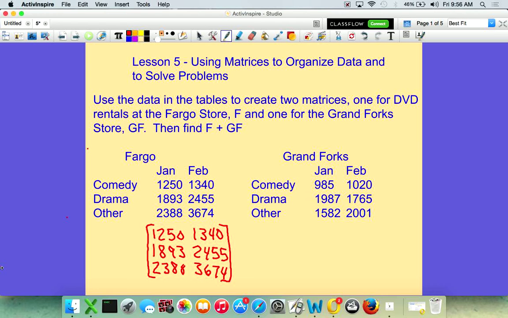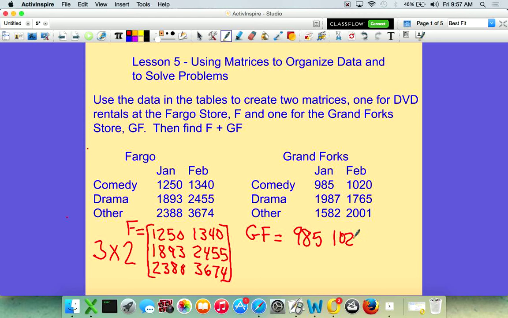What we have here, we can say the dimensions of it. We have 1, 2, 3 rows by 1, 2 columns. Alright, so this is what's called a 3 by 2 matrix. And then we have the exact same thing for our Grand Forks store. This is our Fargo store. Here is our Grand Forks store. And we do the exact same thing.